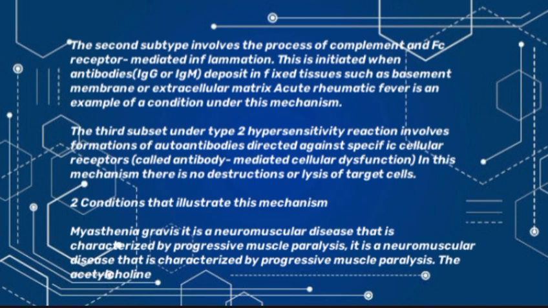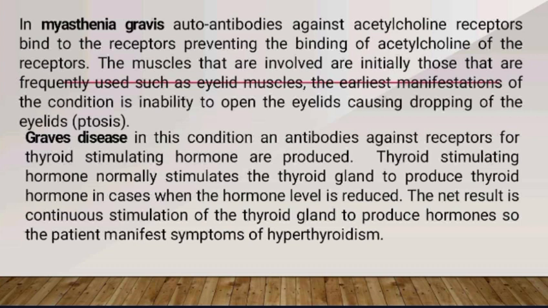Third subset, first example, myasthenia gravis. Autoantibodies against the nicotinic acetylcholine receptors in myasthenia gravis prevent acetylcholine from binding to its receptors on muscle cells, which results in muscle weakness.